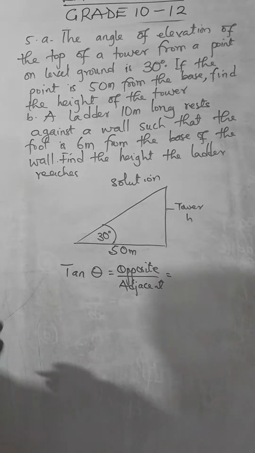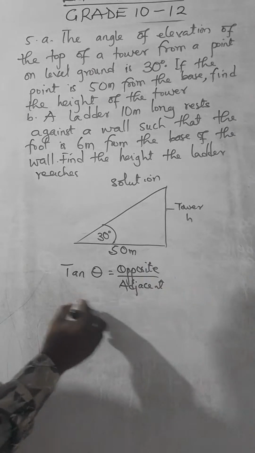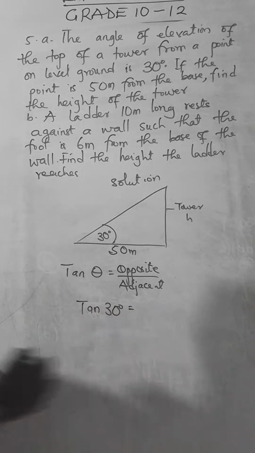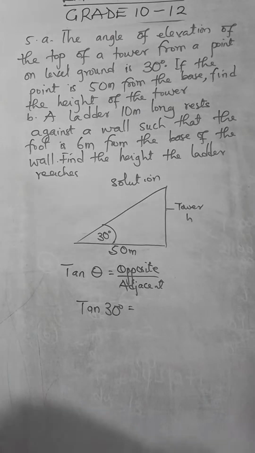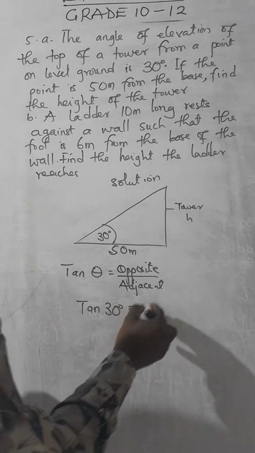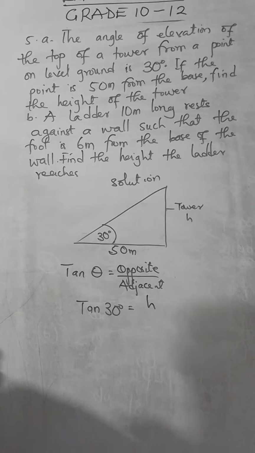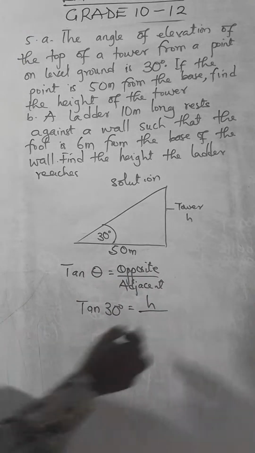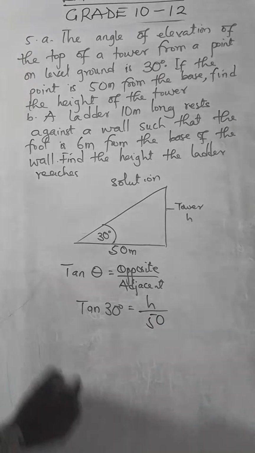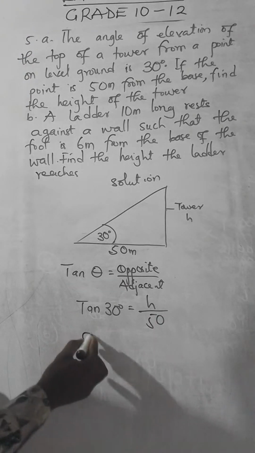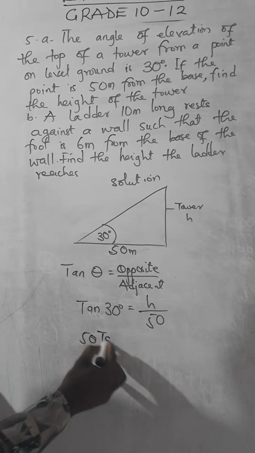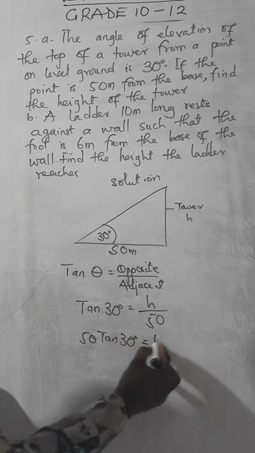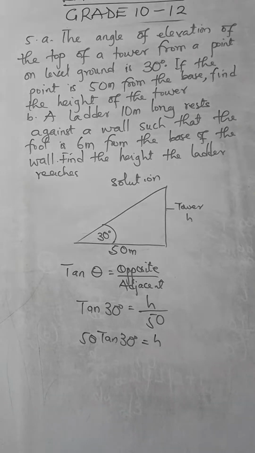So here we have tan 30 degrees equal to the opposite, which is the tower, where we use the height, on the adjacent, which is the 50. So here we get 50 tan 30 degrees equal to the height.